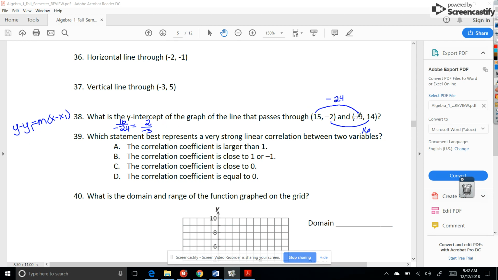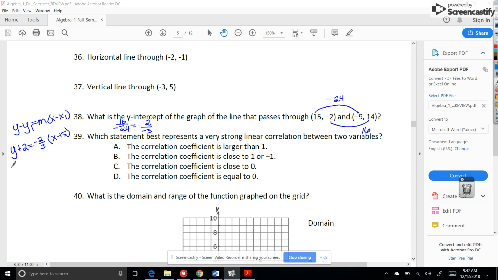So I can use either one of these points to write my equation. I'll use the 15 and the -2. Y minus the y value, and then my slope, and then x minus my x value.